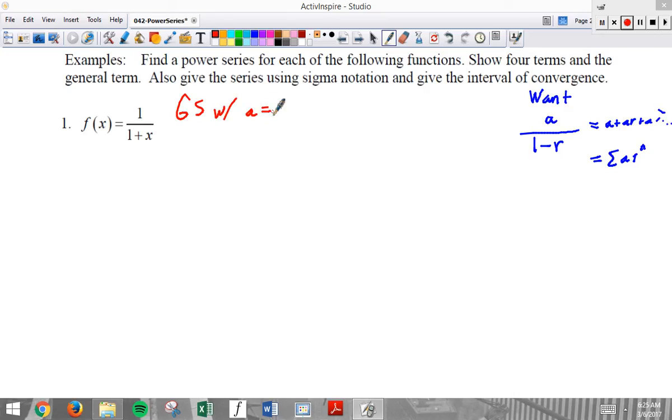A equals 1, the top. And so I knew plus x. I want plus x to equal minus r. That's one way of thinking about it. So r would be minus x.